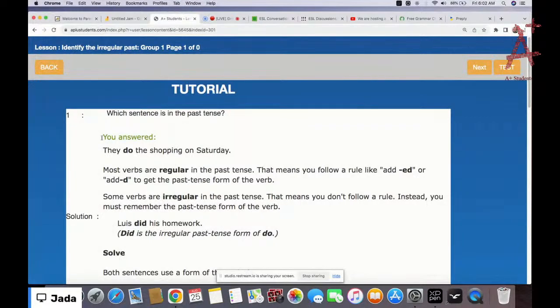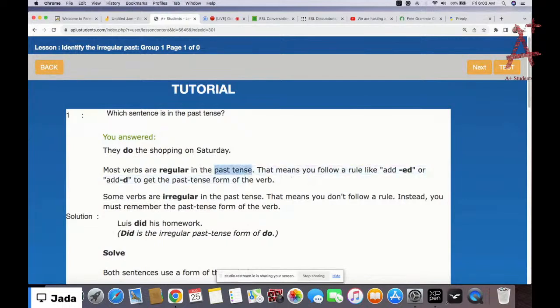Okay, so first of all, we need to know how we can identify the irregular past tense. They are very different from the regular past tense, so it's important to be able to identify them. Most verbs are regular in the past tense.